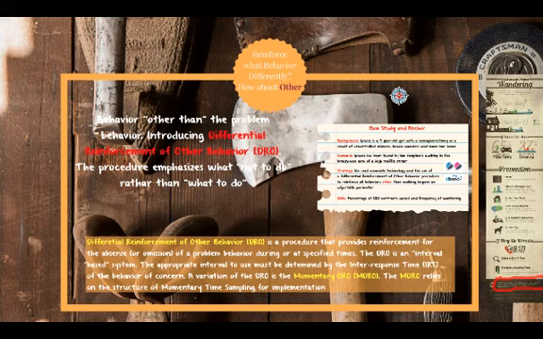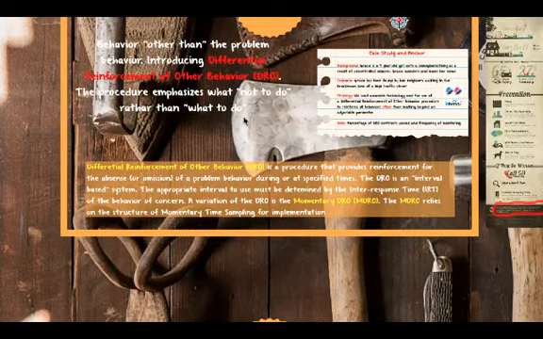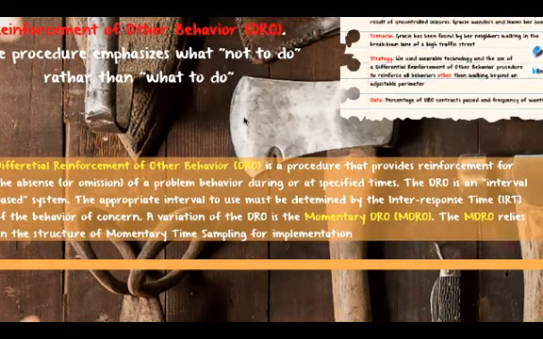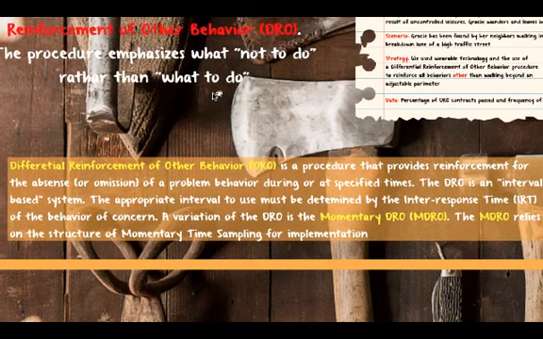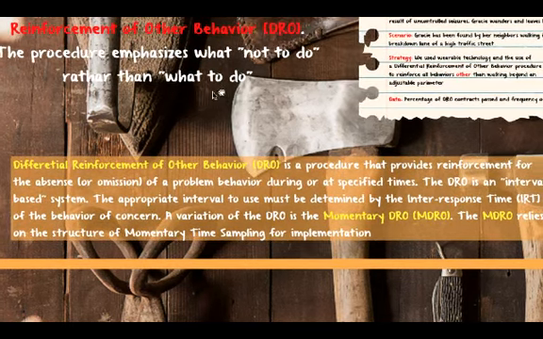Okay, with respect to the formal definition, differential reinforcement of other behavior is a procedure that provides reinforcement for the absence or omission of a problem behavior within specified periods of time. So the DRO is an interval-based system. It's time-based. So you're telling the individual, you've got a DRO system, so long as you don't tantrum for 15 minutes, you're eligible for reinforcement.